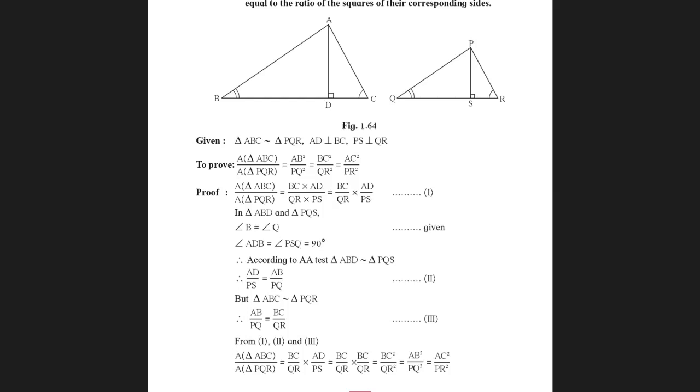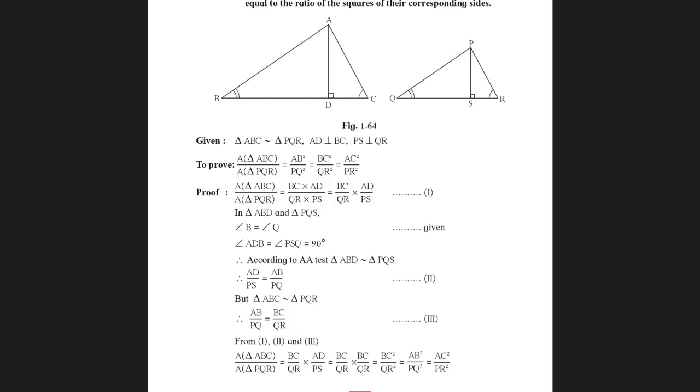I'll explain this once again. BC upon QR into AD upon PS, equation number 1. Instead of AD upon PS, I write AB upon PQ from equation number 2. Since AB upon PQ equals BC upon QR from equation number 3, I replace it and hence get BC square upon QR square, which is equal to the ratio of areas of the two triangles.